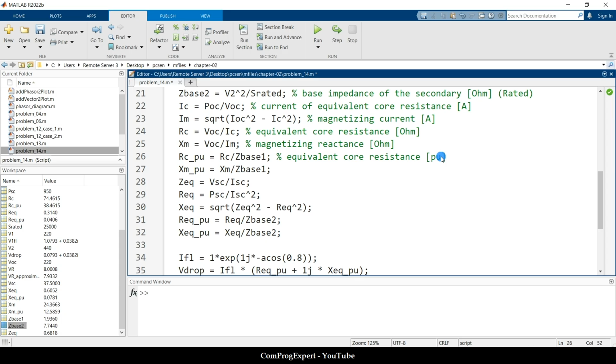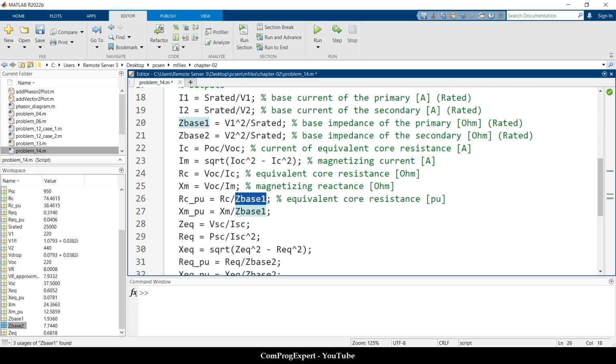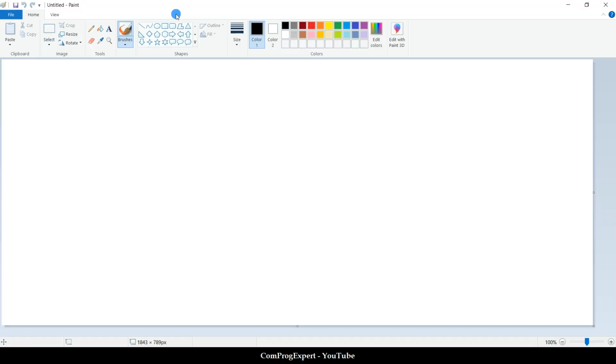So why do we divide this by Z base 1? Because the open circuit test is for the primary side, right? The secondary is open. Here is the case. We have this transformer.